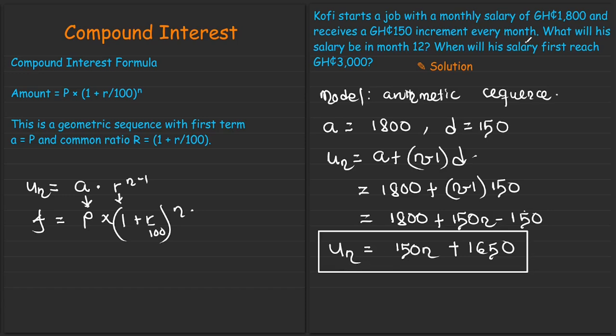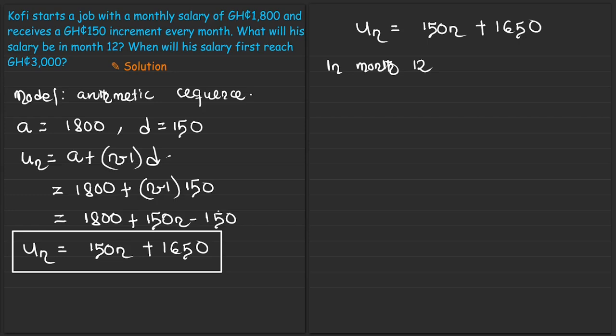For the first part of the question, it says, what will his salary be in month 12? In month 12, it simply means that our n is equal to 12. Hence, for the 12th term, substituting into our formula, we have 150 times n, where n is 12, plus 1,650.